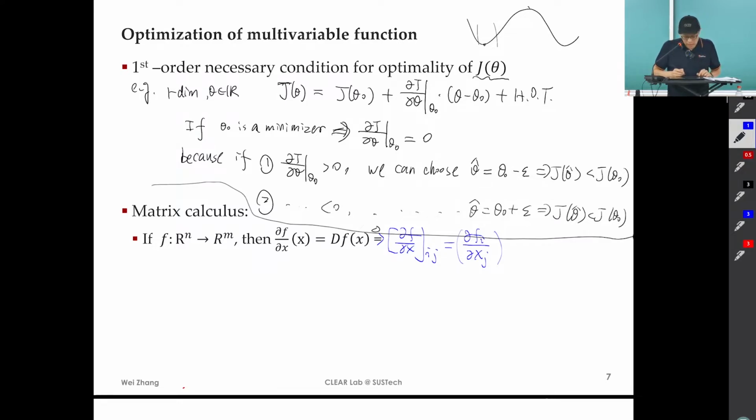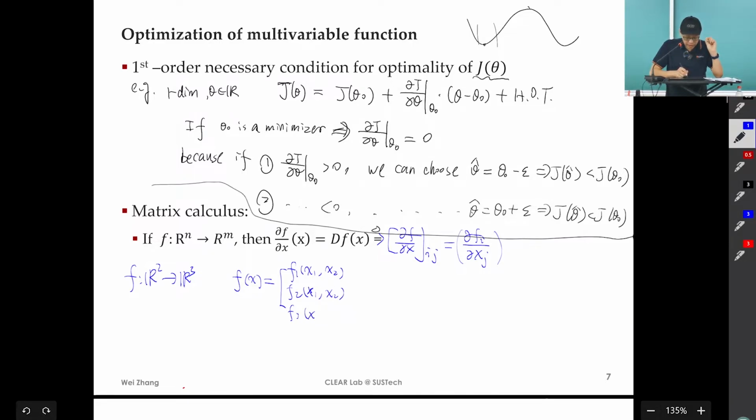So the question I want to ask you, let me do that through an example. Suppose my f is from R2 to R3. So if I write like this, I don't want to repeat this in the future, but I want to write it now. That will be f1(x1, x2), f2(x1, x2), and f3(x1, x2).